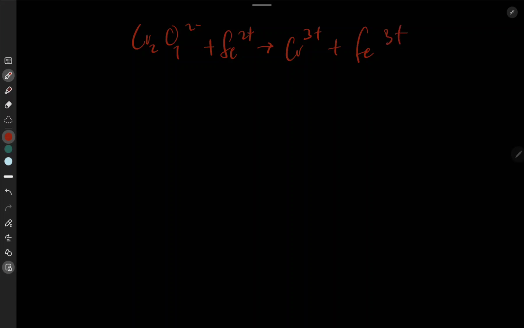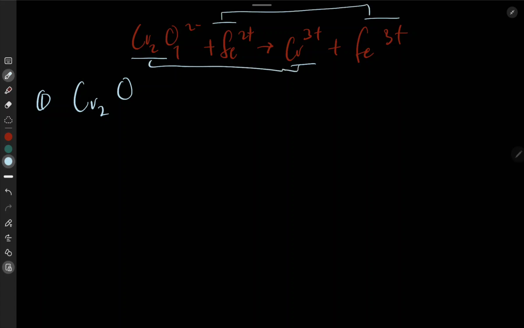What I said, first step, you always make the half equations, right? So I'm going to write one equation for this and this, and another equation for this and that. That's why we call them half equations. That is the very first and very important step to ease your work.